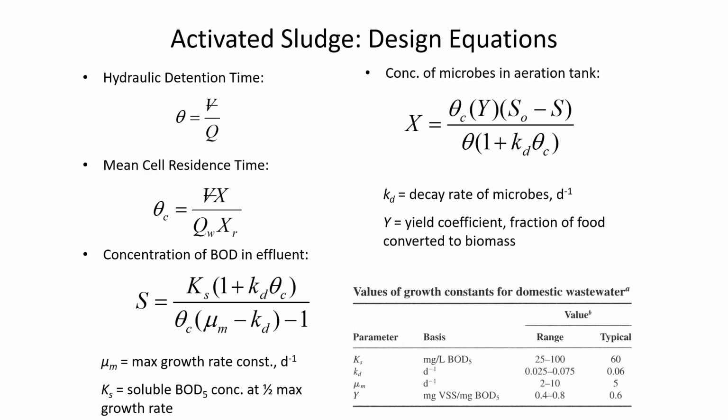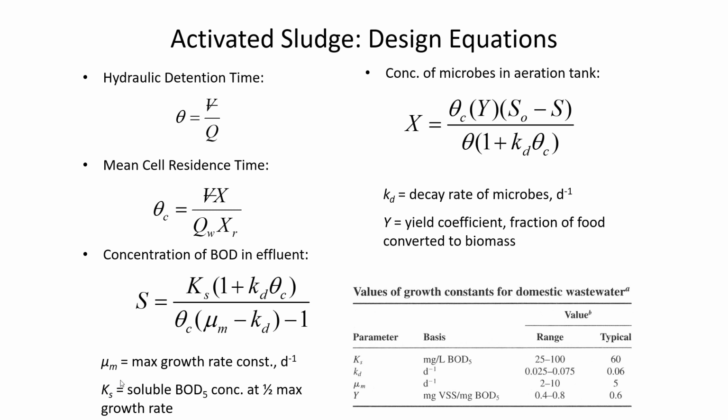There is a certain optimal concentration that maximizes the growth rate, but for half the maximum growth rate, what's the BOD concentration that allows your population to grow at half that rate? That's K sub S. That's the physical explanation of it.